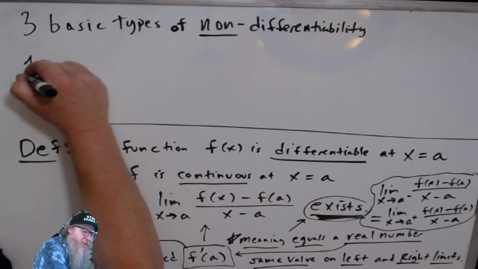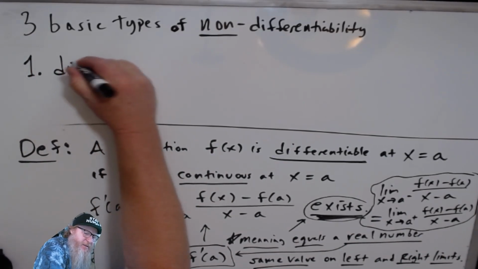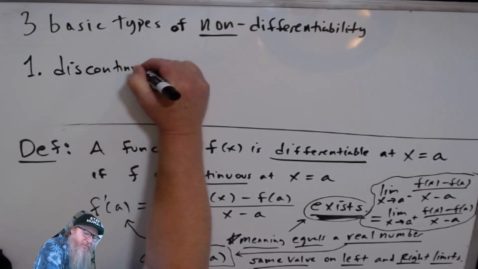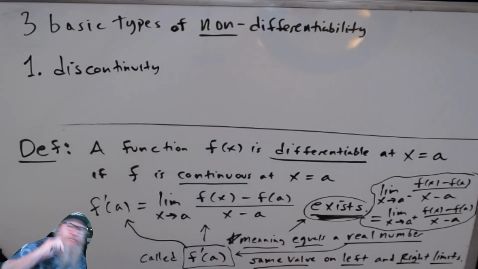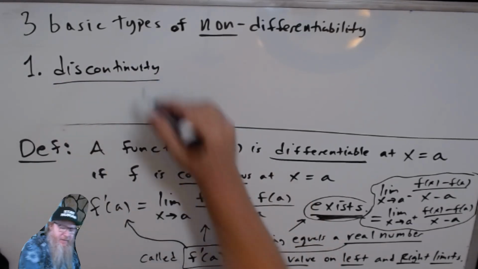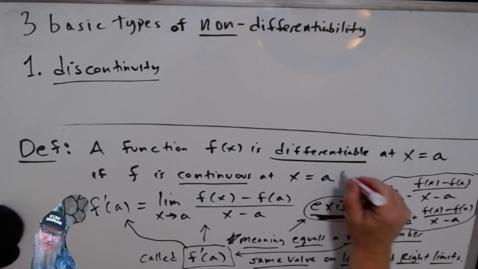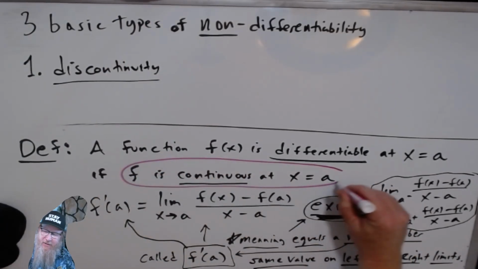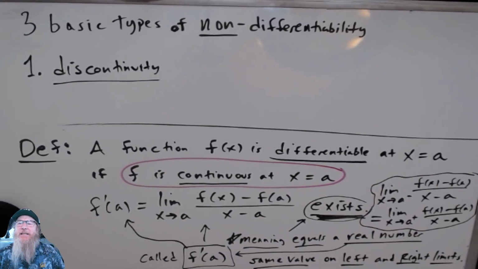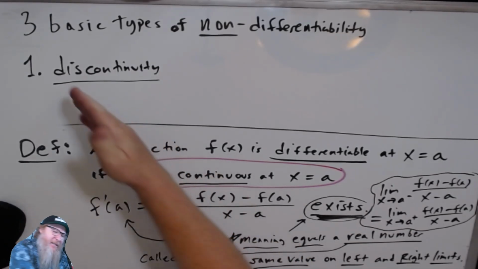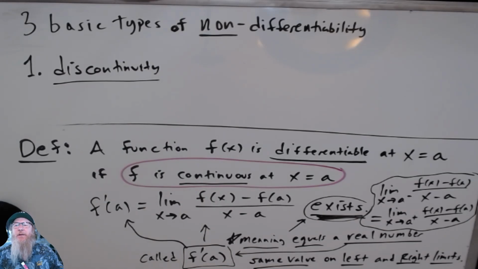The first is the most obvious, a discontinuity. Right? Because look at the definition here. The very first thing that must be true is the function must be continuous.